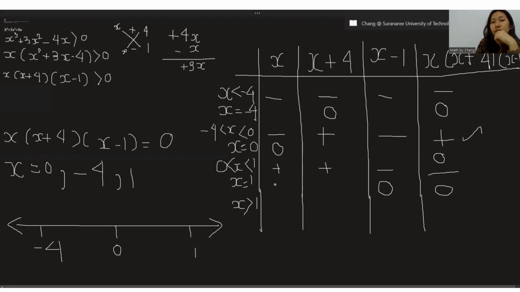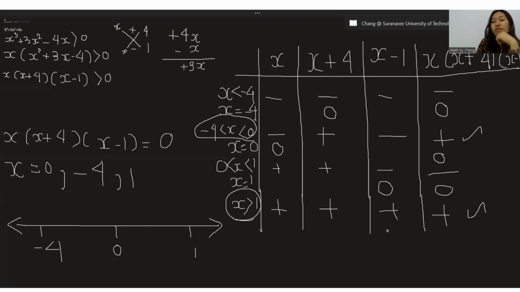So here you will get plus, right? 2 plus 4, you will get plus 6, and 2 minus 1 you will get plus. So when you multiply the three positive values, you will only get a positive value. So you need to consider this interval and also this interval, right?